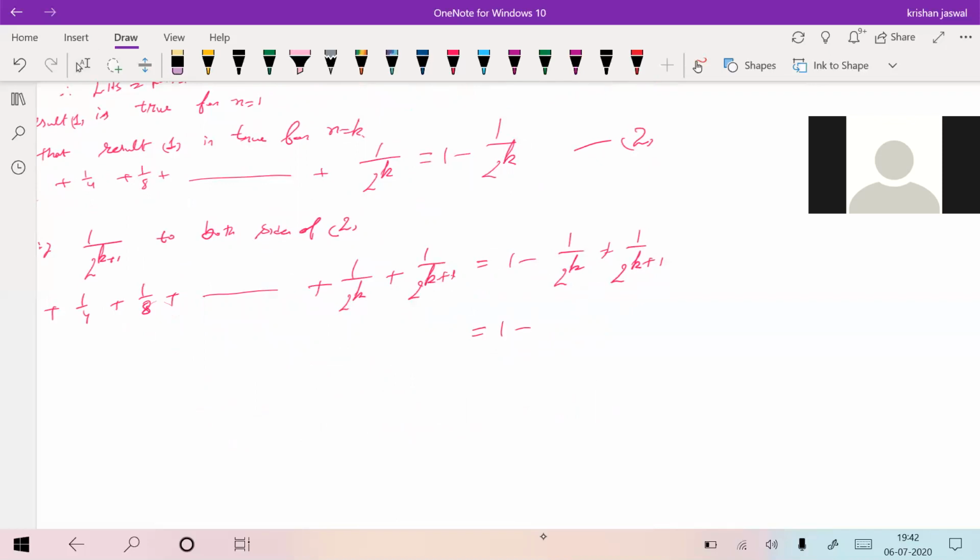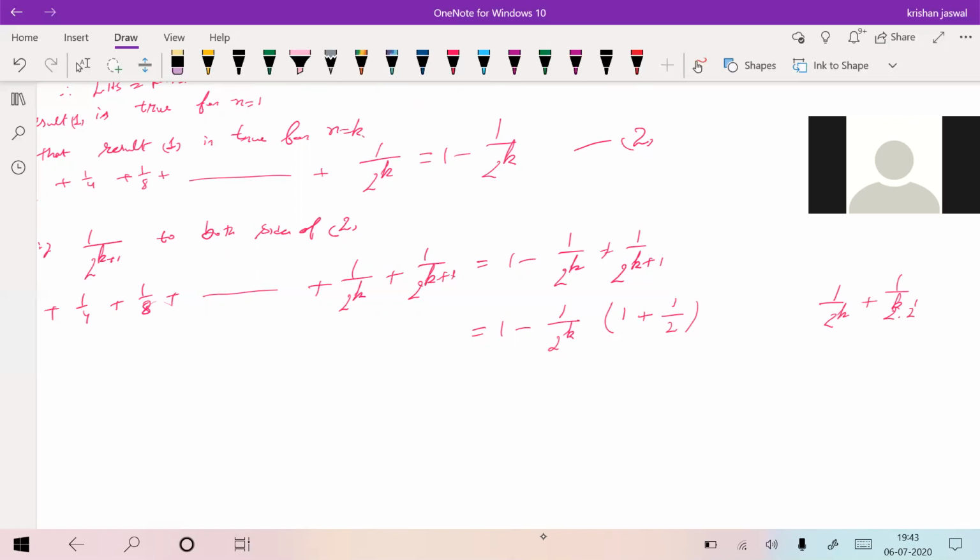What is common in the denominator? 1 over 2 power k we can take common, 1 plus 1 over 2, right? 1 over 2 power k into 1 over 2 power 1.